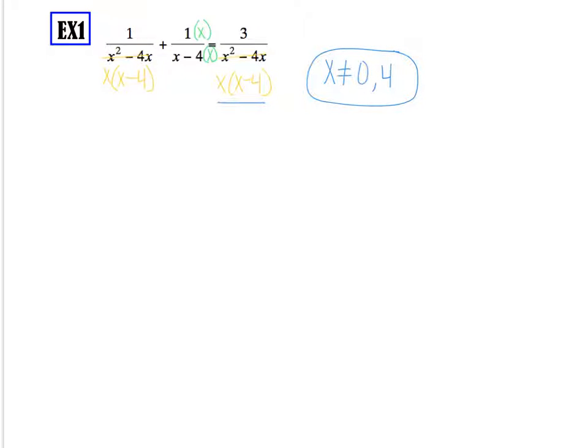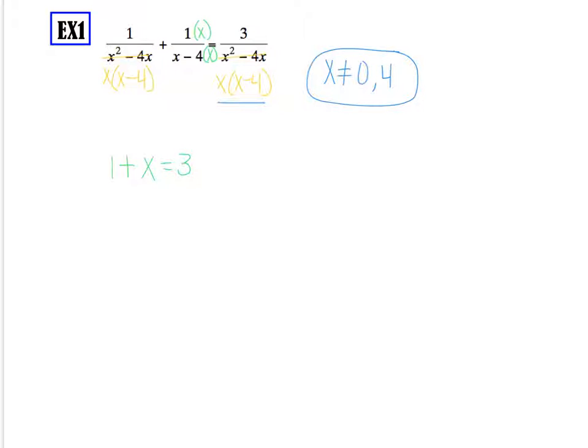What's nice about solving rational equations is once they have that common denominator, I no longer need the denominator. So now I'm just going to look at the numerators to find my equation. What equation can I write? Well, it's going to be 1 from here plus 1 times x, which is just x, and that equals 3.